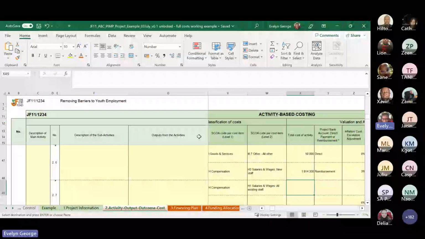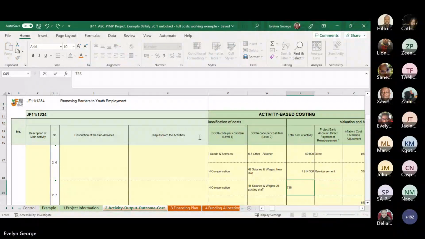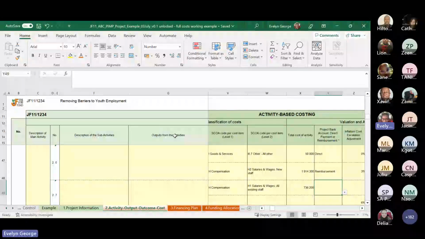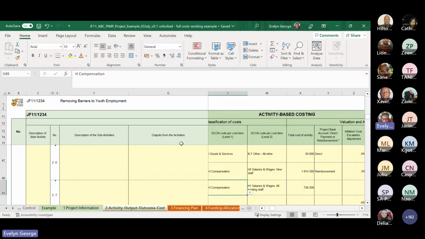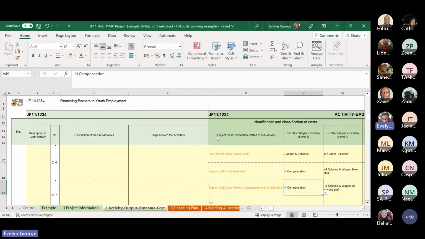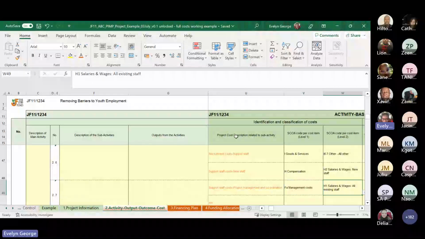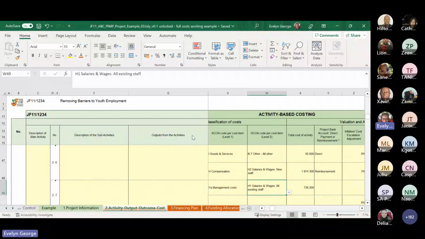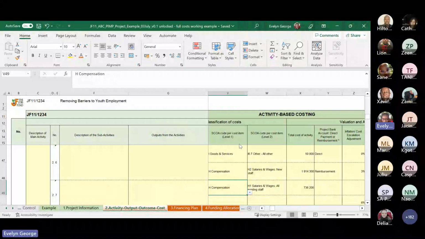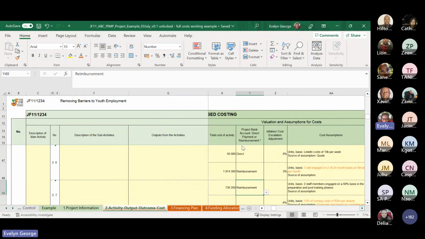I think this is the total amount that they'll cost the project. Another option would be to use the project administration subclassification, but I'll keep it at compensation for now. And again, a reimbursement for the existing staff.